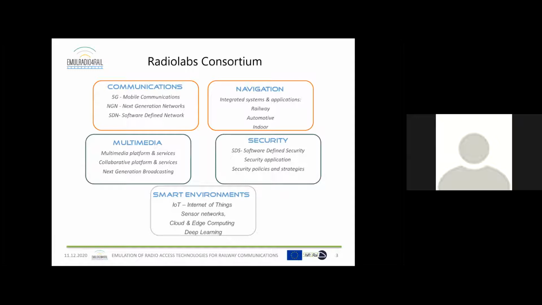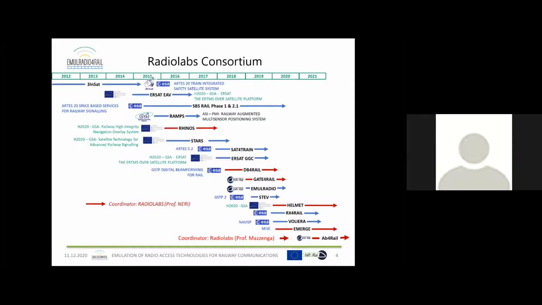The Radiolabs team is composed of 14 people, most of them with a PhD. In addition, there are about 15 other researchers belonging to the 3 partner universities of Radiolabs. Overall, the team is composed of 30 persons.